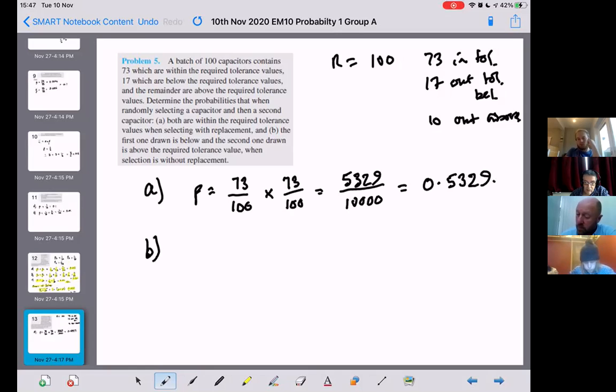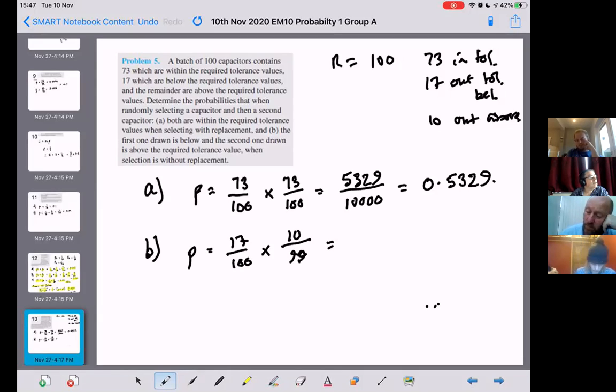And then B, first one drawn is below, second one drawn is above, when the selection is without replacement. 17 over 100 times below, 10 above over 99, because we haven't replaced the first one.